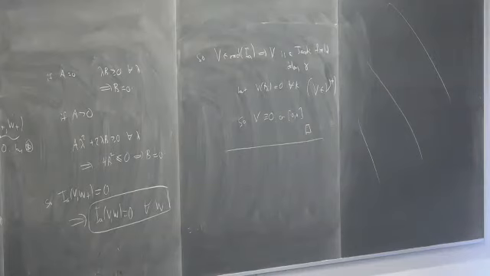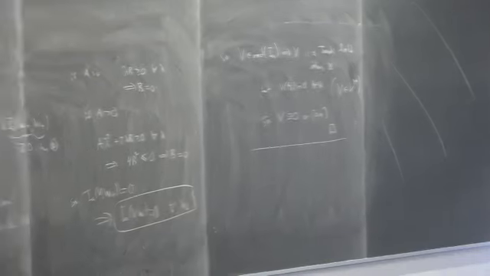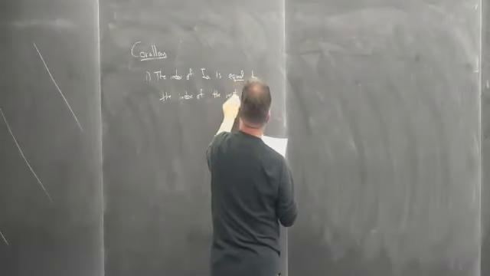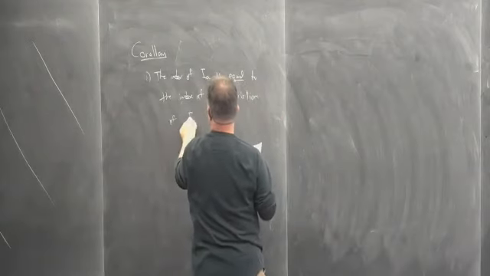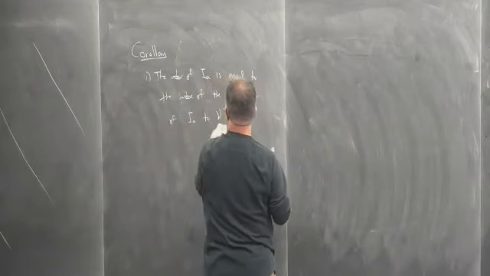It's the following. First of all, the index of IA is equal to the index of the restriction of IA to V minus.